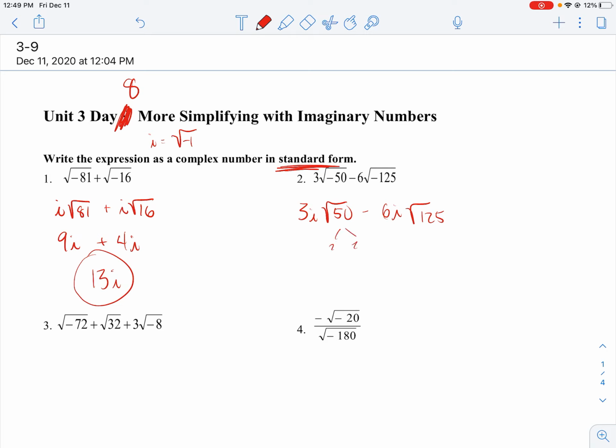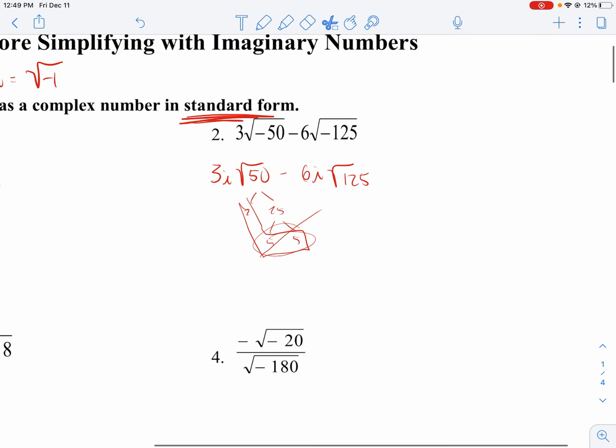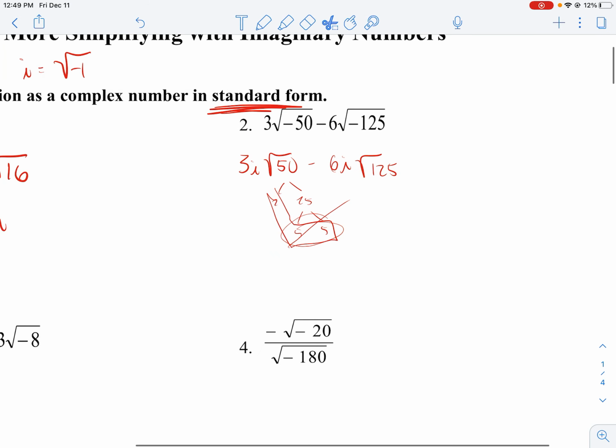So 2 times 25, again I'm using the hockey stick method, 5 times 5. Here we're getting a pair of 5s. Let me shrink this down because I'm writing a little big. So we're left with 3 times 5i, and then whatever's left underneath the radical, which in this case is a 2.